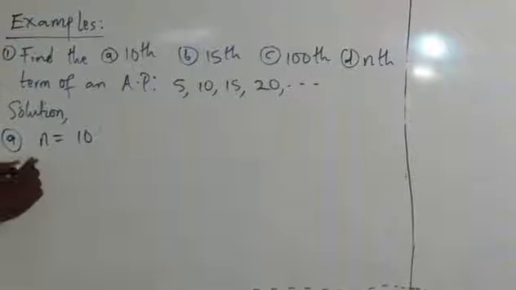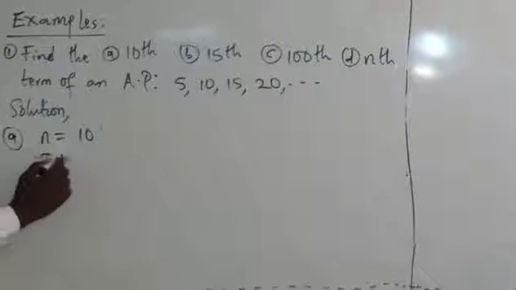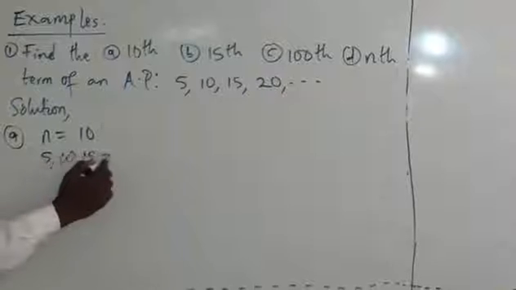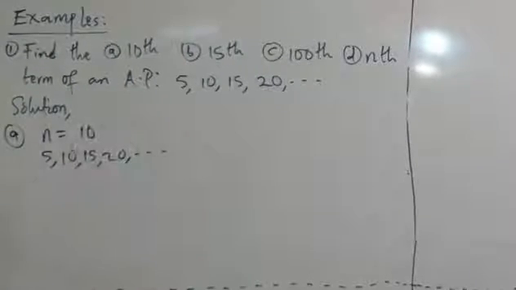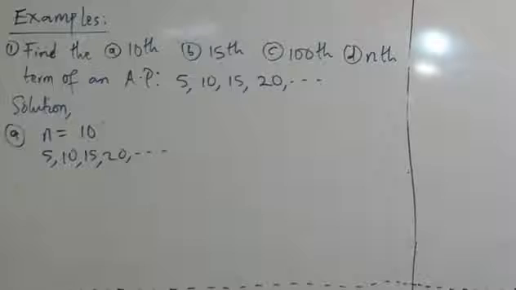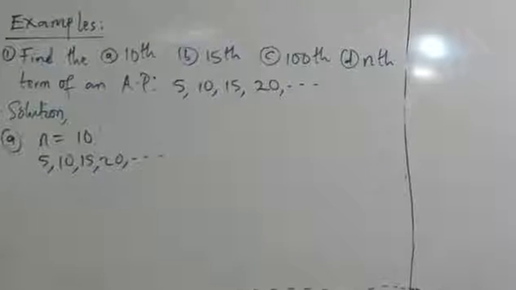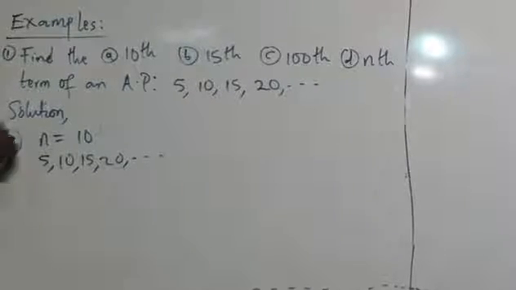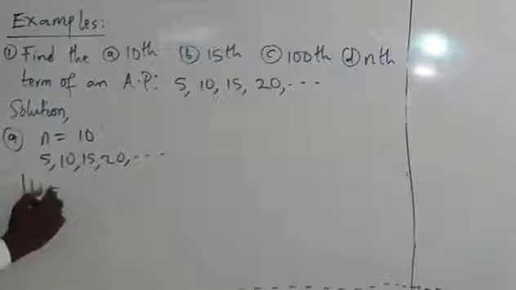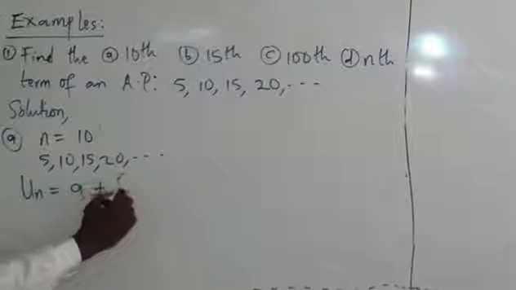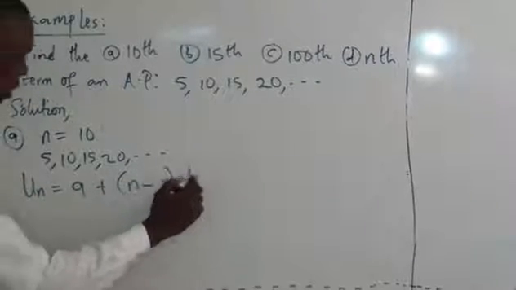So the sequence given is 5, 10, 15, 20, and so on. So we are looking for the nth term of an AP. So the nth term formula of an AP from the previous note is un equals a plus n minus 1 d.